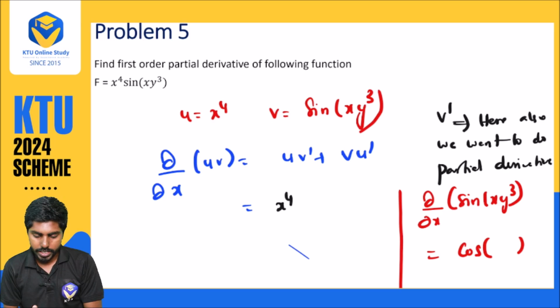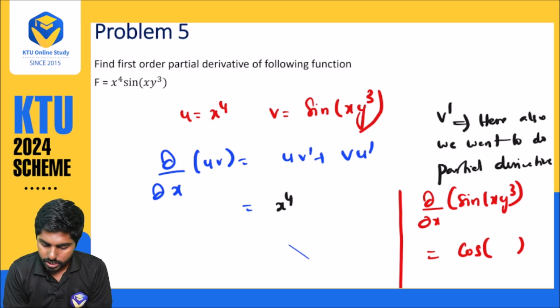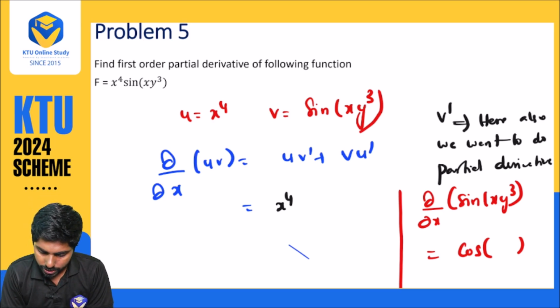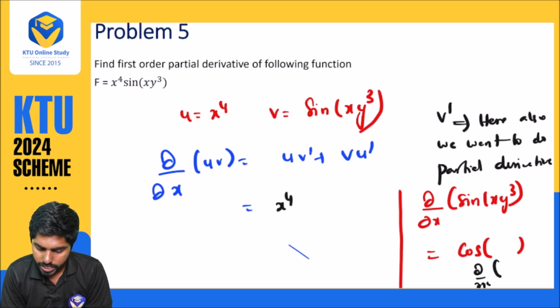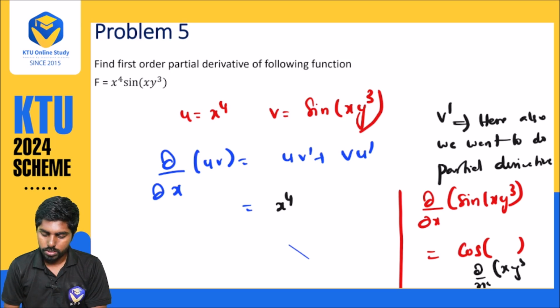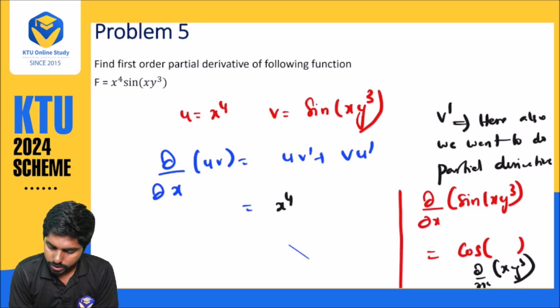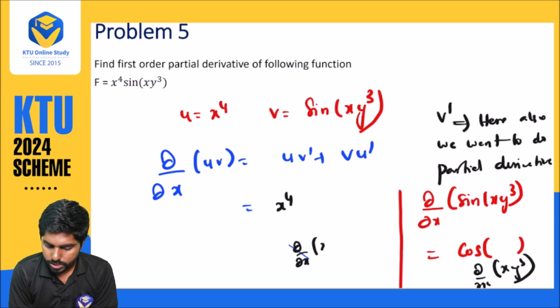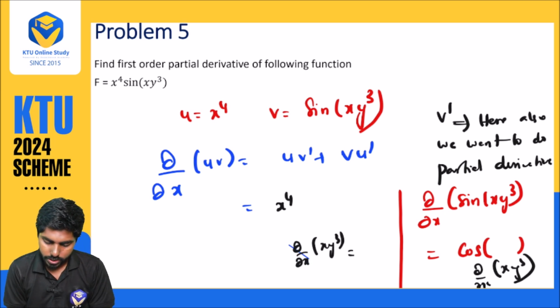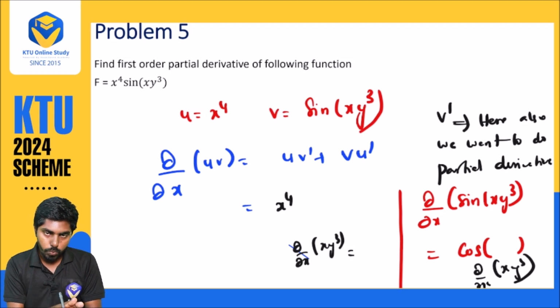Now inside the bracket. Inside the bracket what is there? It is the partial derivative, dou by dou x of what is inside the bracket, x y cube. So we will be getting dou by dou x of x y cube, treating y cube as a constant.